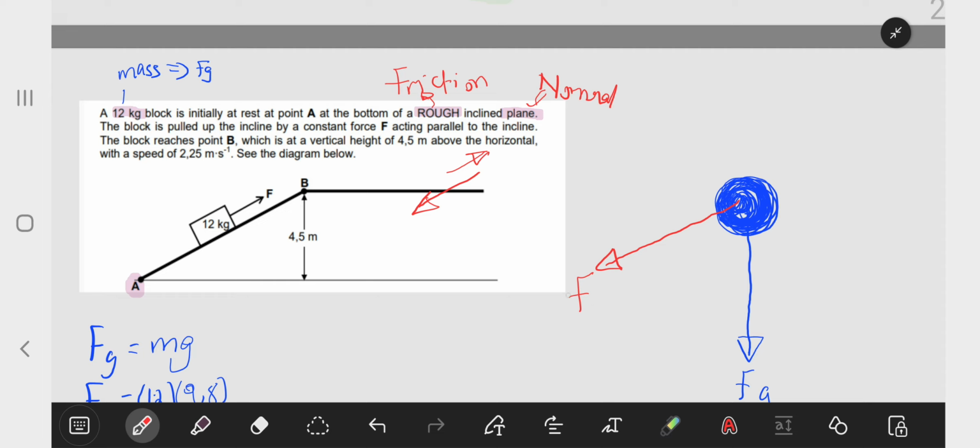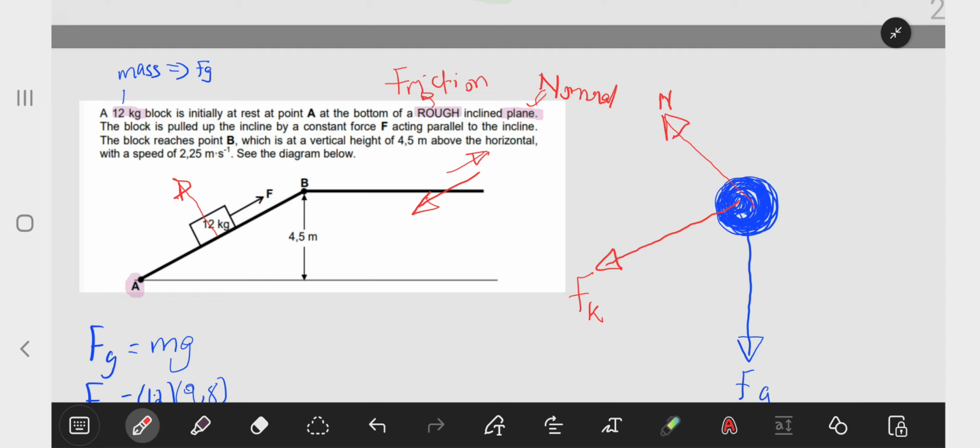And since the object is moving, the type of friction that we have is kinetic friction. In terms of the normal force, it always acts perpendicular to the surface. So on our free body diagram, we expect the normal force to act in that direction.